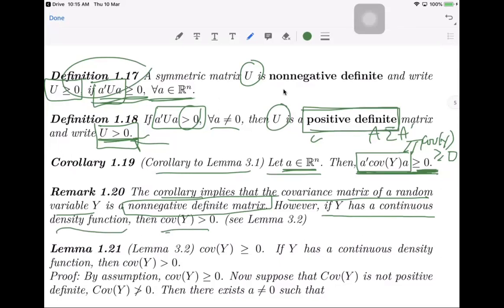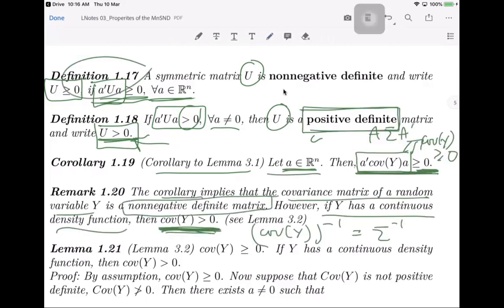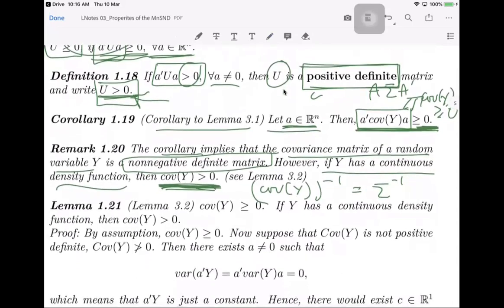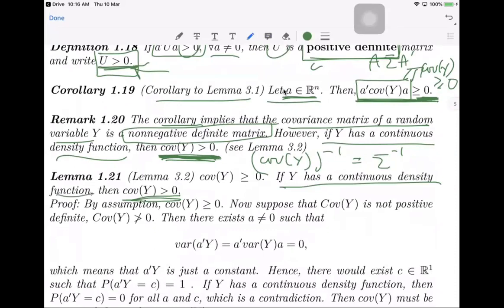We always want the covariance of Y to be positive definite because we want the inverse of the covariance of Y, or sigma inverse, to exist.